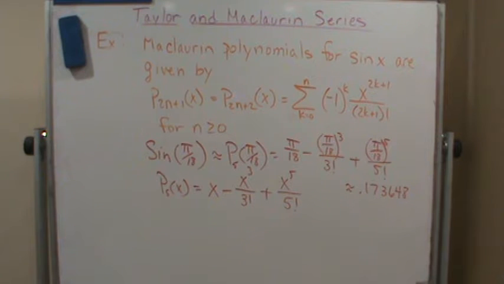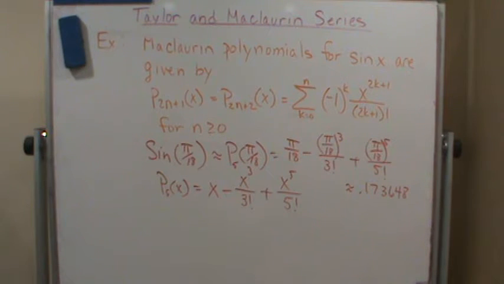Okay, now, to estimate the error, we're going to use the fact that the sixth Maclaurin polynomial is the same as the fifth Maclaurin polynomial, and calculate a bound on R6.